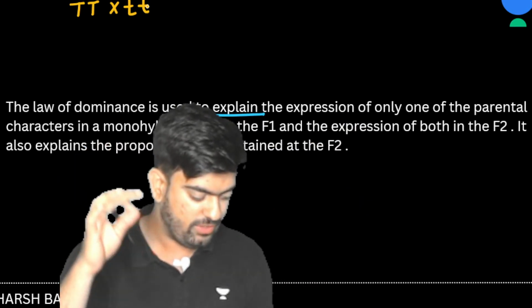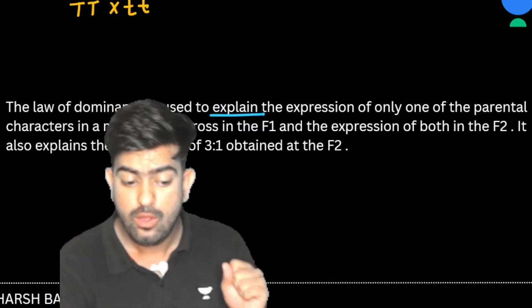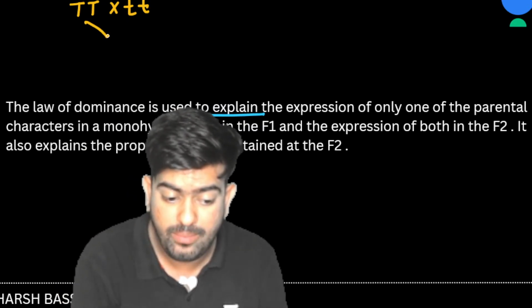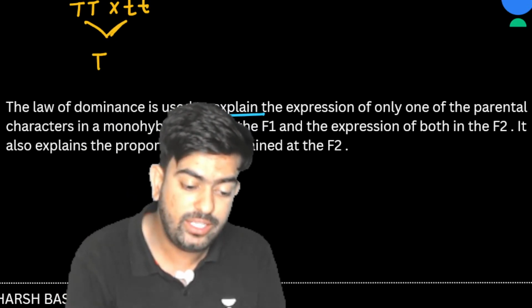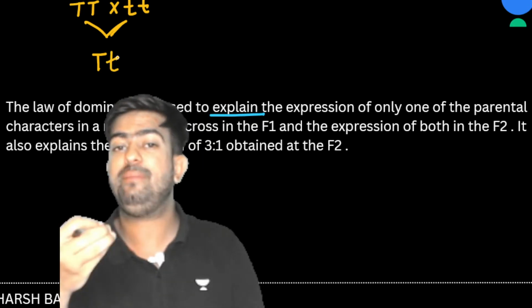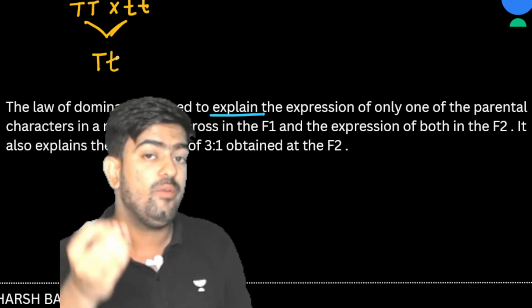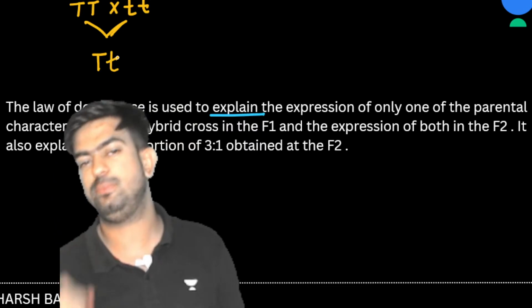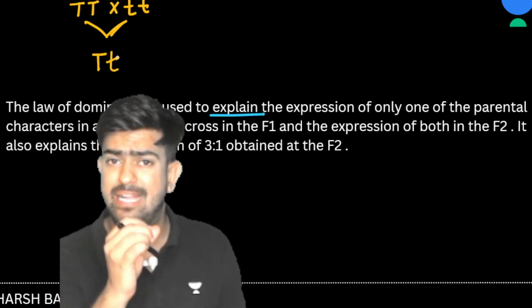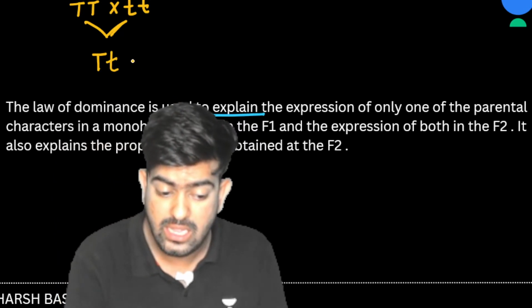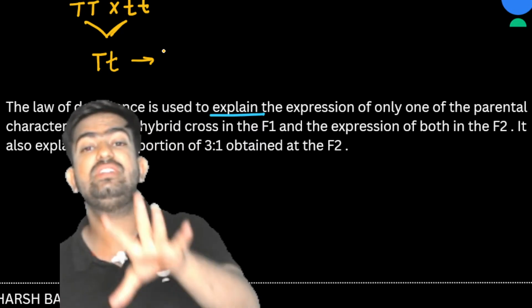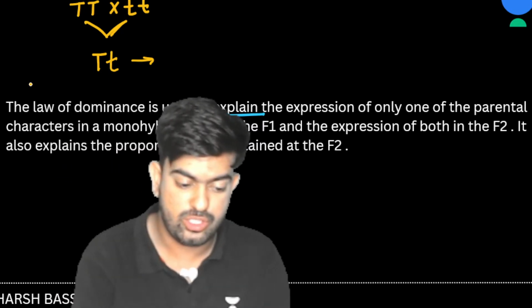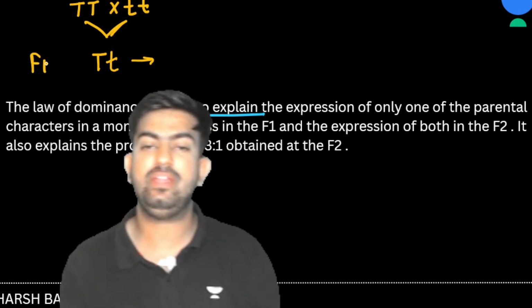Clear to everyone? That's great. So when they formed the offspring, they got a new genotype, which was capital T and small t. But what was the phenotype in F1 generation?